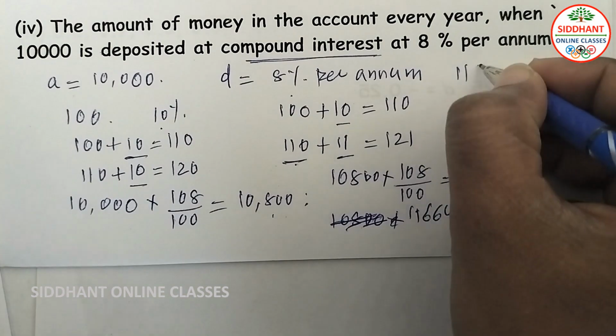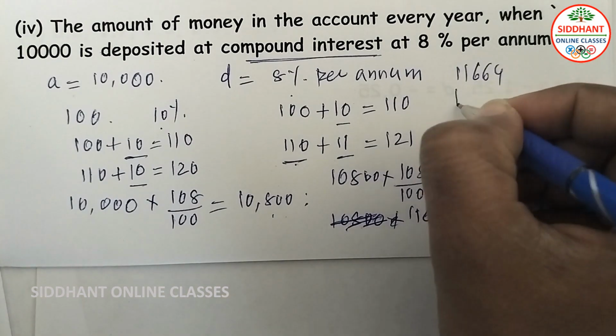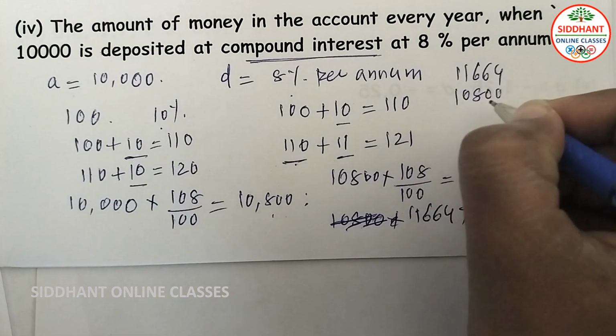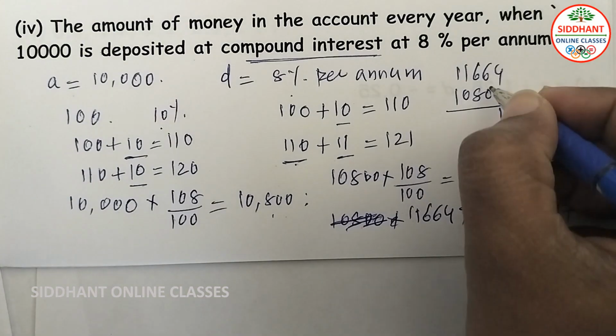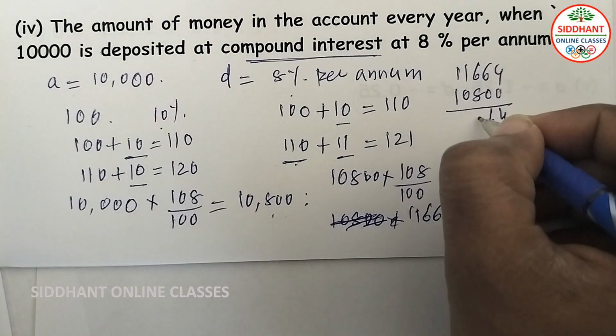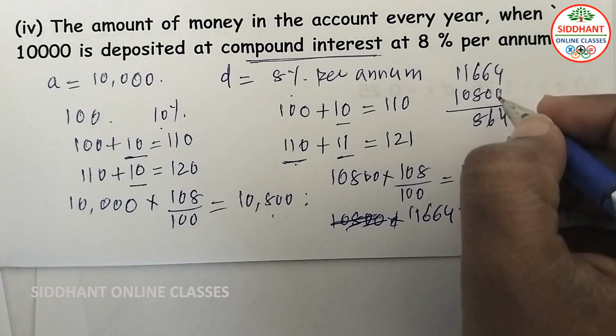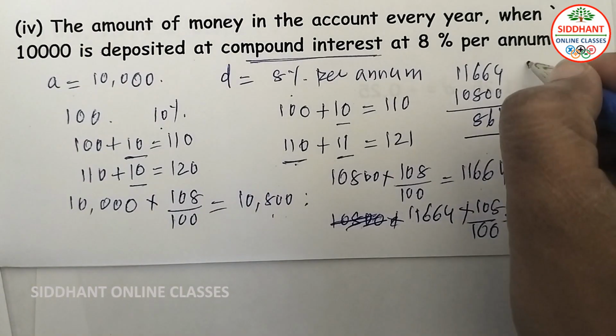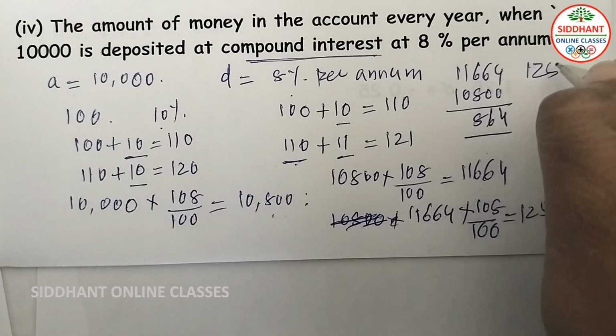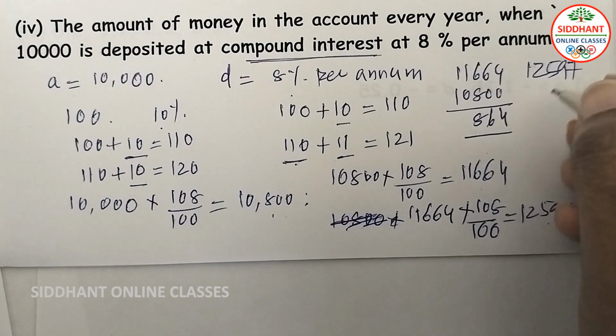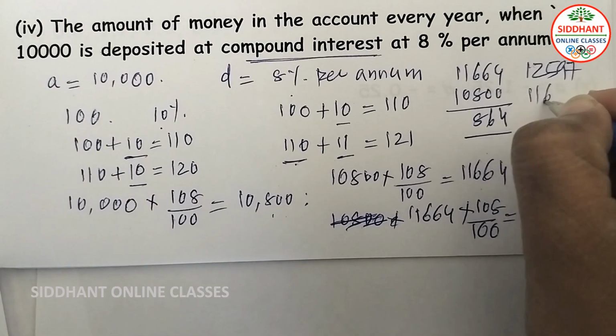So here 11,664, 10800, and 12,597, 11664.